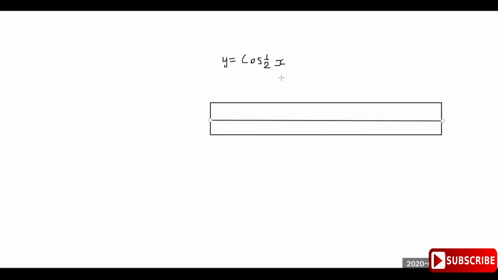You can use values like 0, 30, 60, and you'll get the idea of what's happening. So you just write down x, and we need values from 0 to 2 pi. In between, we can go 30, which is pi by 6. We can go 45, which is pi by 4. And we can skip some values, go 90, pi by 2.